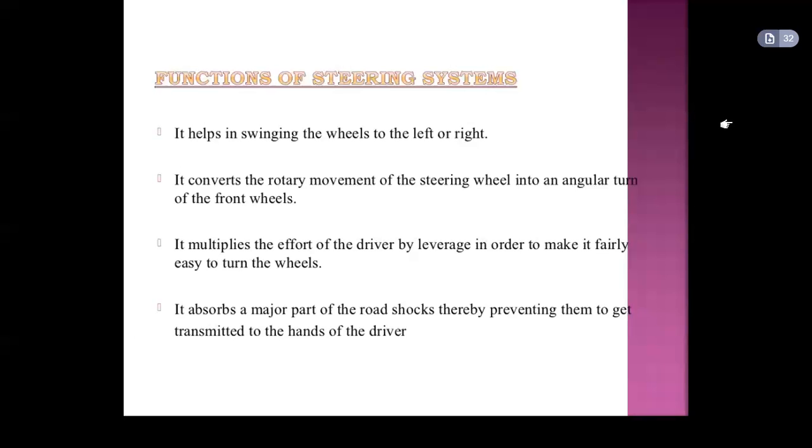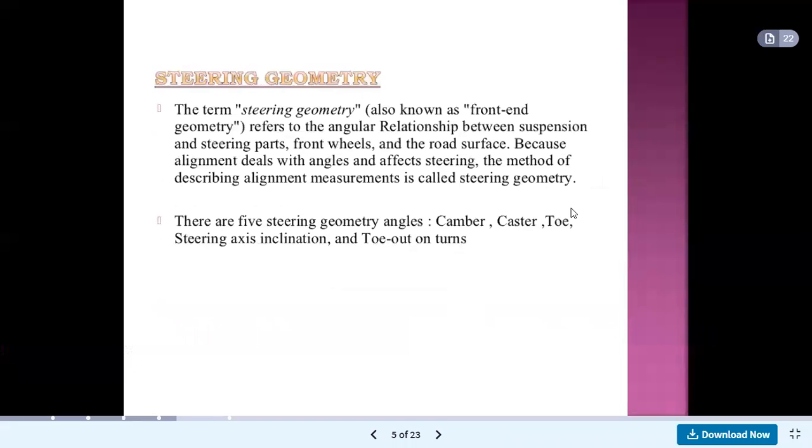Turning the actual wheels on the ground requires a large amount of force, but we can easily turn the steering wheel and the wheels of the vehicle get turned. So in this case, we use leverage. The next is that it absorbs a major part of the road shocks, thereby preventing them from being transmitted to the hands of the driver. So these are the different functions.